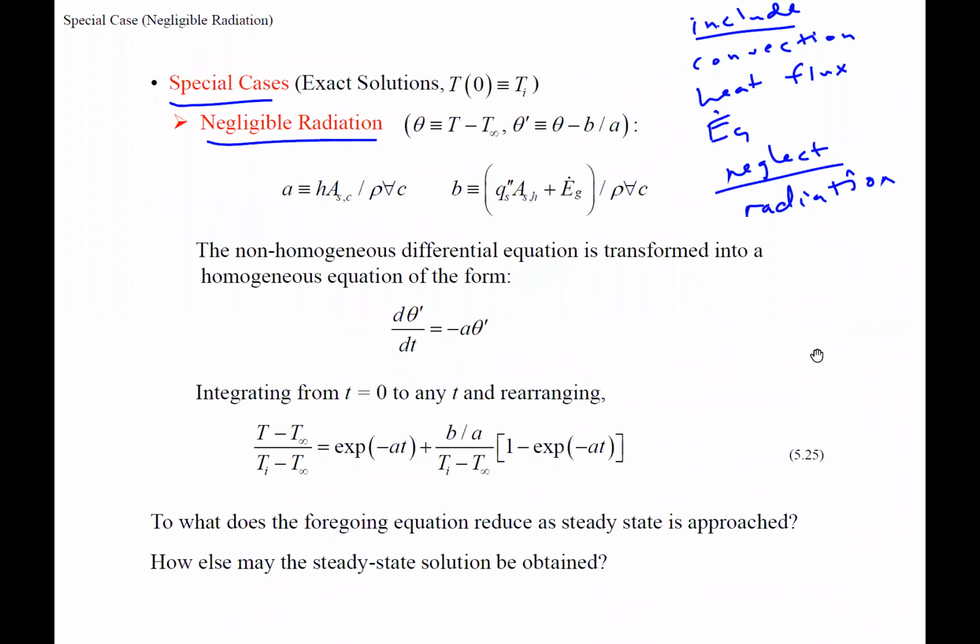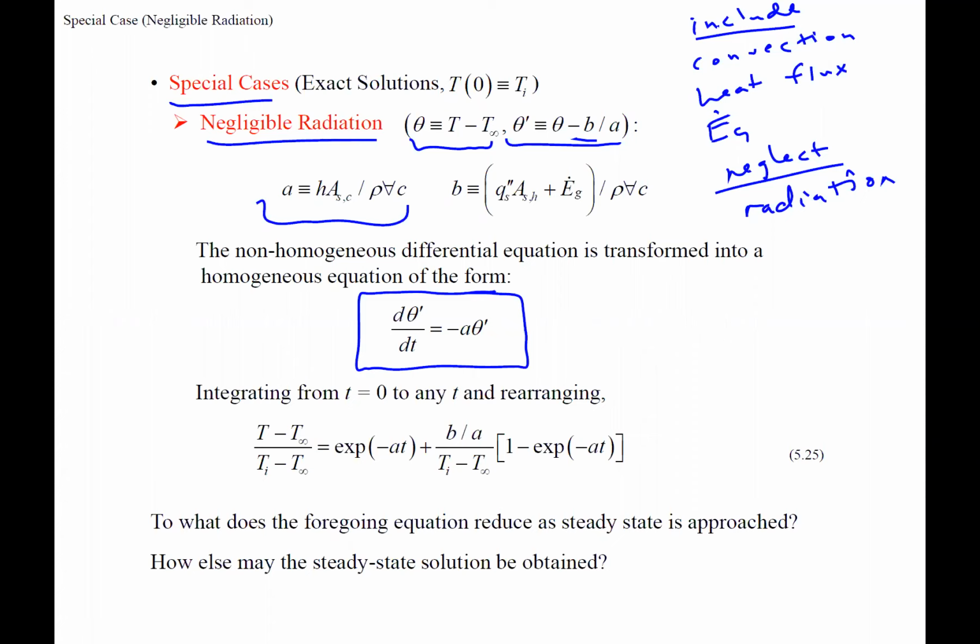When we do that with some more substitutions, that's what you see here: they're substituting theta, and then theta prime, and theta prime's change is the same as dt because this is all constants here. So it's just a lot of substitutions to get a nice form that we have seen in our math classes that can actually be integrated.